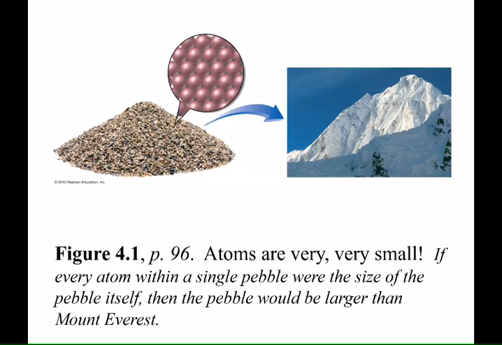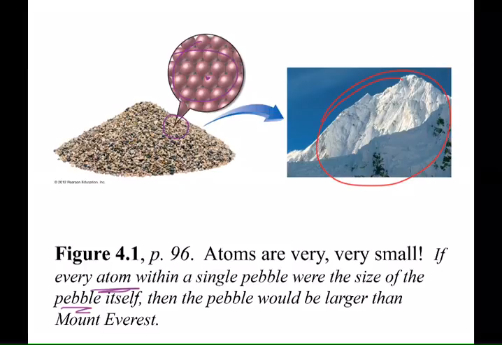To tell you how small atoms are, this says if every atom within a pebble was scaled up to the size of the pebble itself, then the pebble would, volume-wise, be larger than Mount Everest.